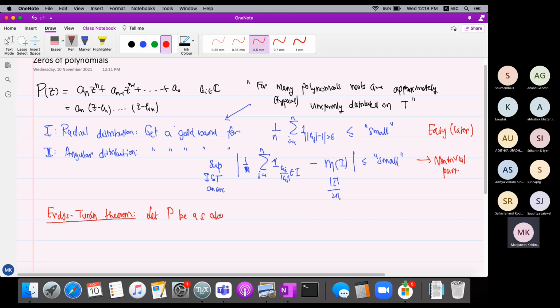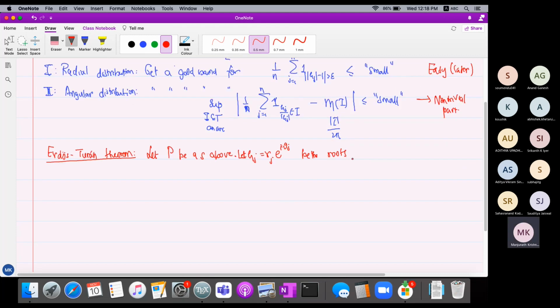So let me introduce some notation. Let zeta j be written as r j e to the i theta j, be the roots. Okay, and we will make some assumptions also.